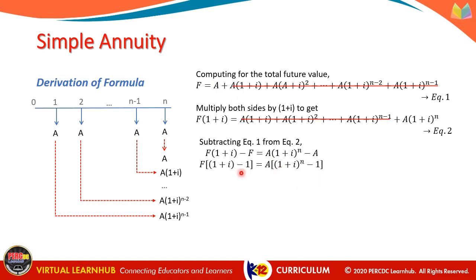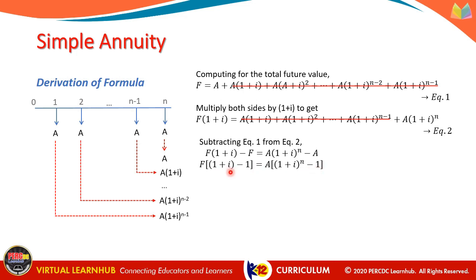Next, we can factor out F. Okay? And we will have F times 1 plus I minus 1. And on the right side, we can also factor out A. And we can have A times quantity 1 plus I raised to N minus 1.